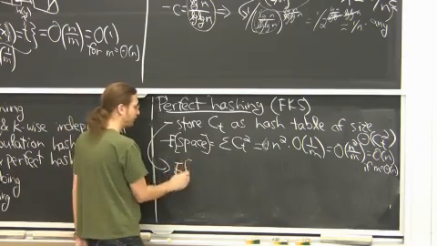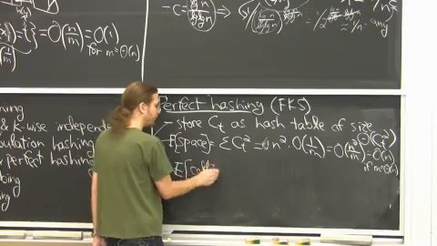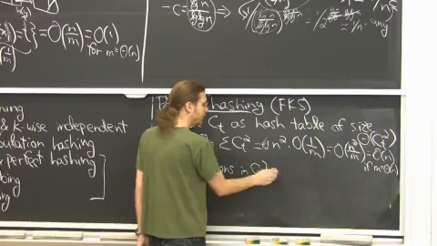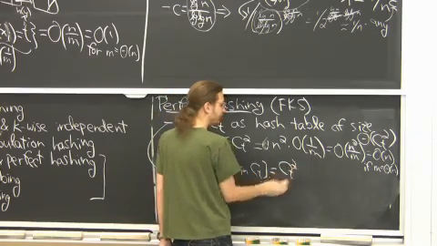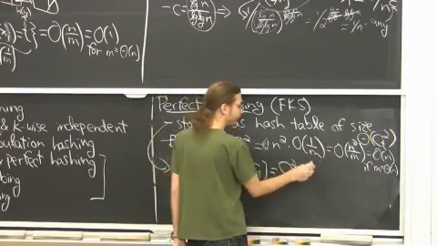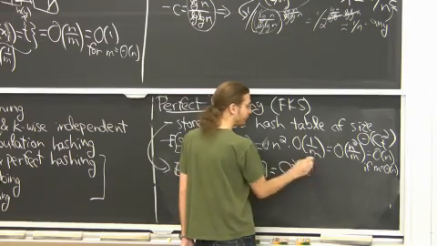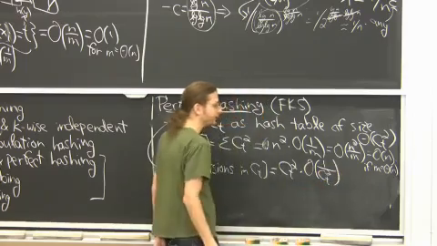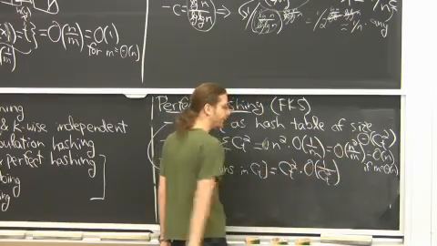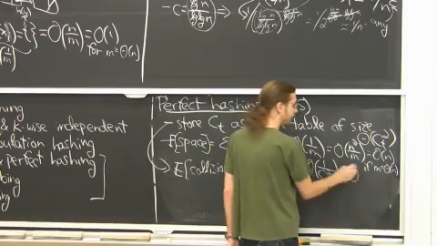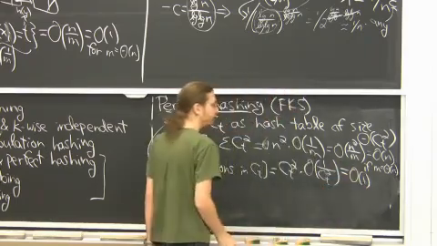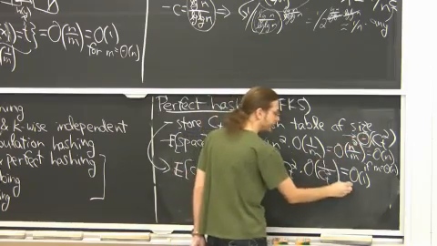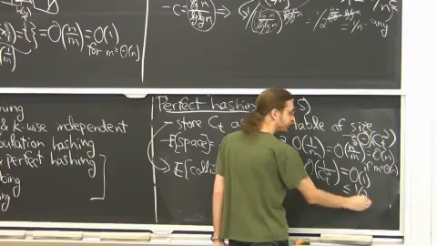Because the expected number of collisions in c_i, well, there's c_i squared pairs. Each of them, if you're using universal hashing, has probability 1 over c_i squared of colliding, because that's the table size, 1 over m. So this is constant. And if we set the constants right, I get to set this theta to be whatever I want, I get this to be less than a half.